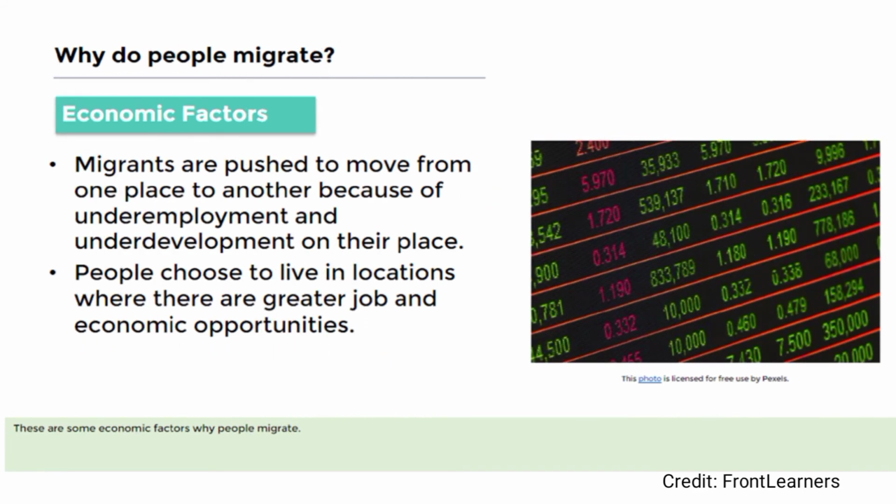Economic factors. Migrants are pushed to move from one place to another because of underemployment and underdevelopment on their place. People choose to live in locations where there are greater job and economic opportunities.